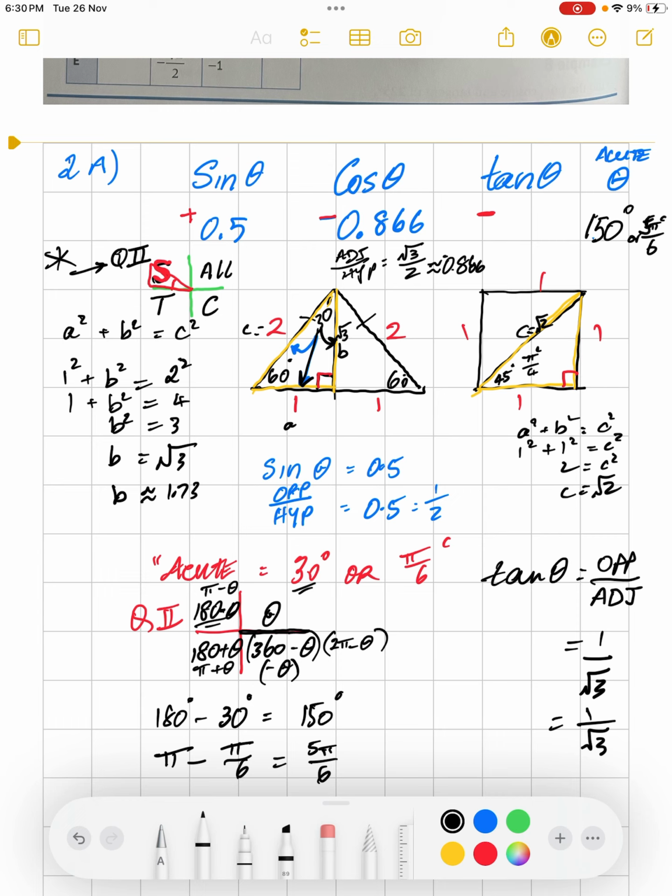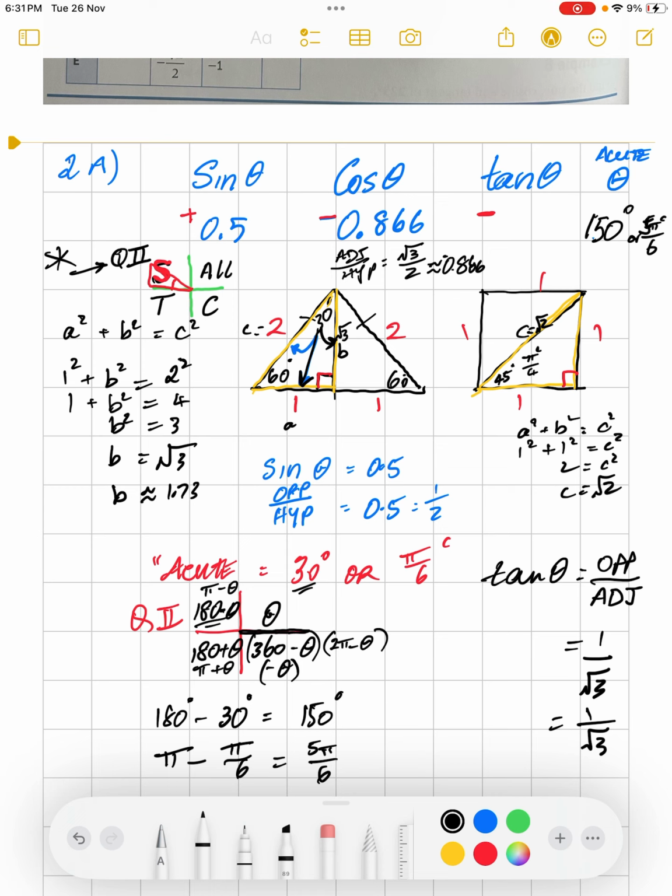I'm going to go to my iPhone calculator and find the scientific one.